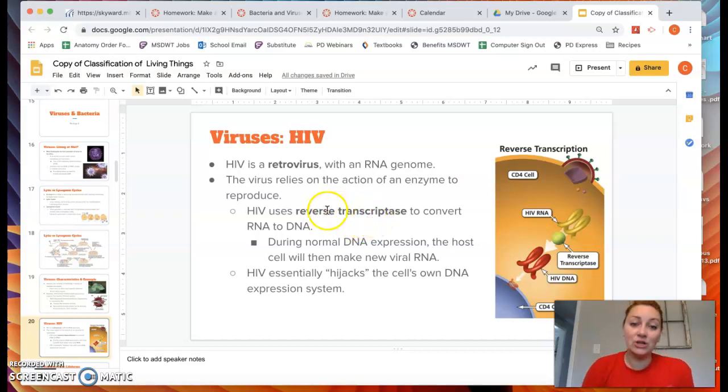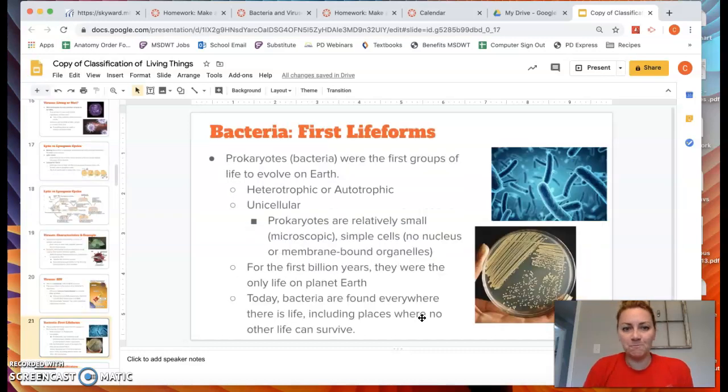And so we're using reverse transcriptase, and we're getting our RNA to turn into DNA. And once it does this, then the HIV virus takes over the cell and the cell is now expressing the HIV DNA and not the cell's DNA.